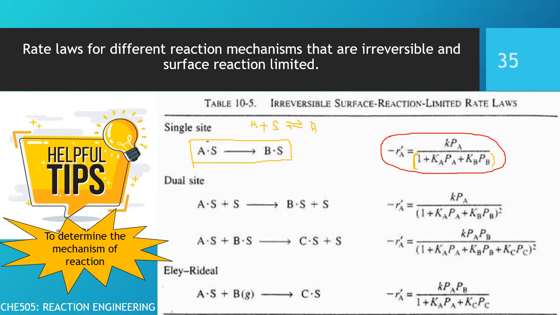So this is the adsorption step. And then the surface reaction step as given here: A dot S produces B dot S. And then desorption, B dot S, a reversible reaction.